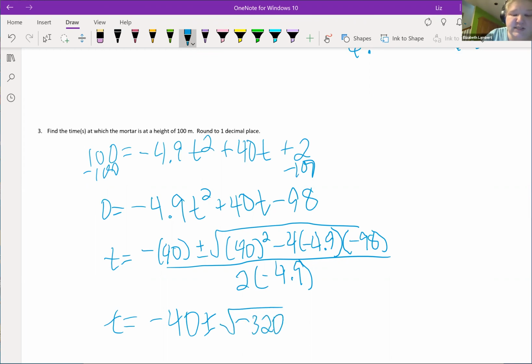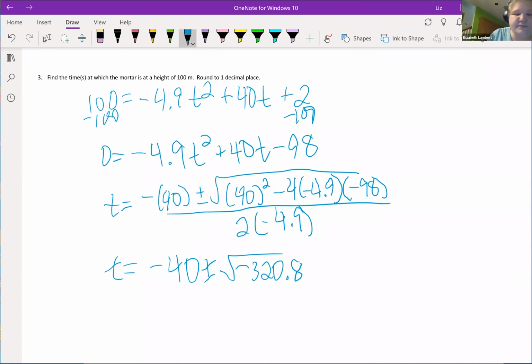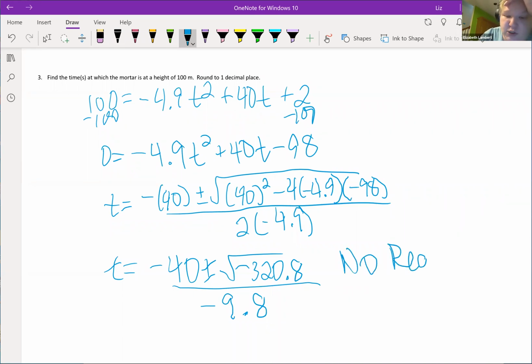Can I square root this and get a real answer for my real world problem? No. So then it begs the question, what's this mean? So my t number makes no sense. I'm going to get an i. So this is not real. No solution, or no real solution.